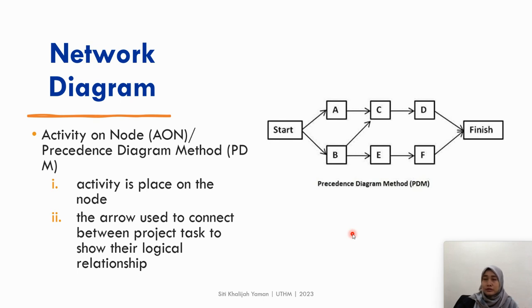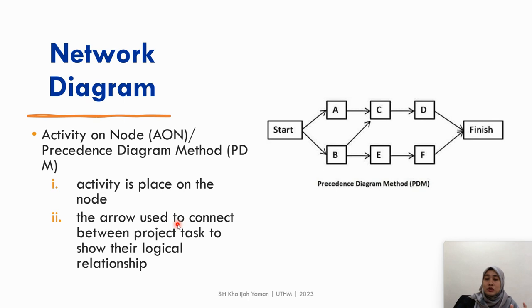Next we have the network diagram, or activity on node. It is much more famous as the PDM, or precedence diagram method. This method uses the node as the activity. It contrasts with the ADM, where activities are represented by arrows; for PDM, the activity is represented by the nodes.